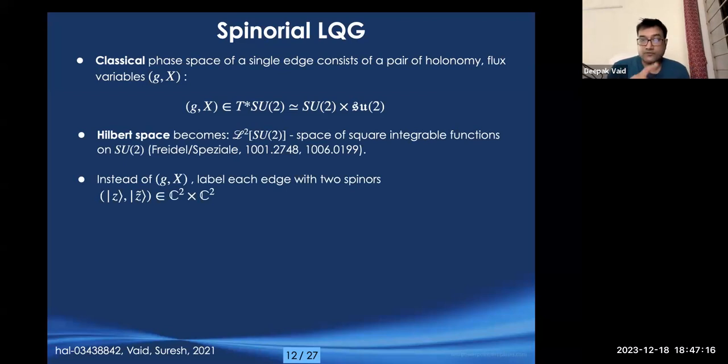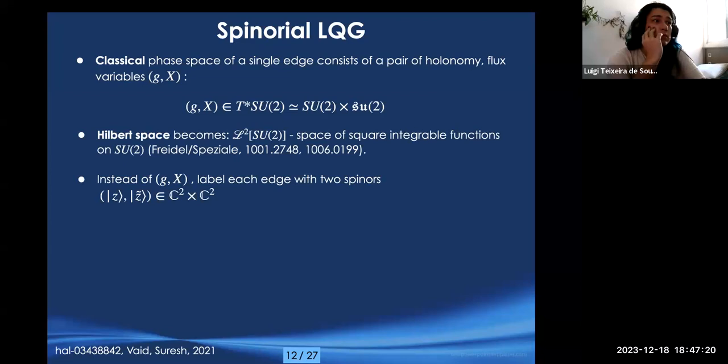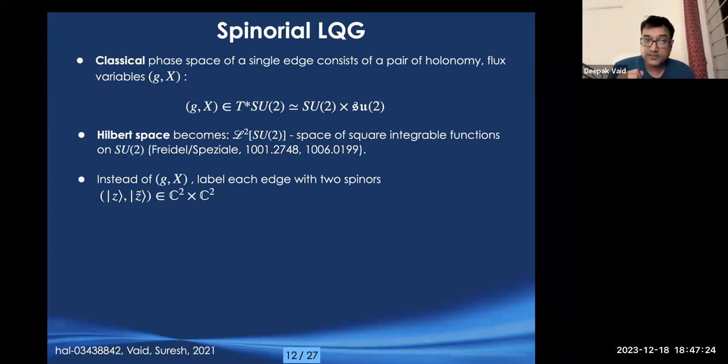Now, this is not adequate for our purposes. We need to change our variables again. There is an equivalent representation of this same data in terms of a pair of spinors, here written as Z and Z tilde.